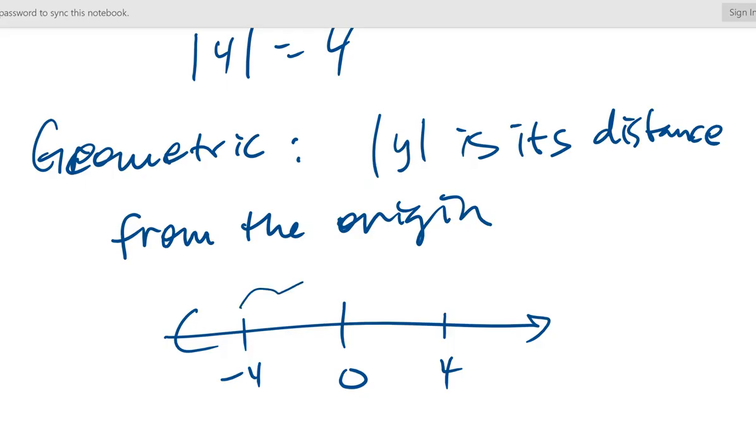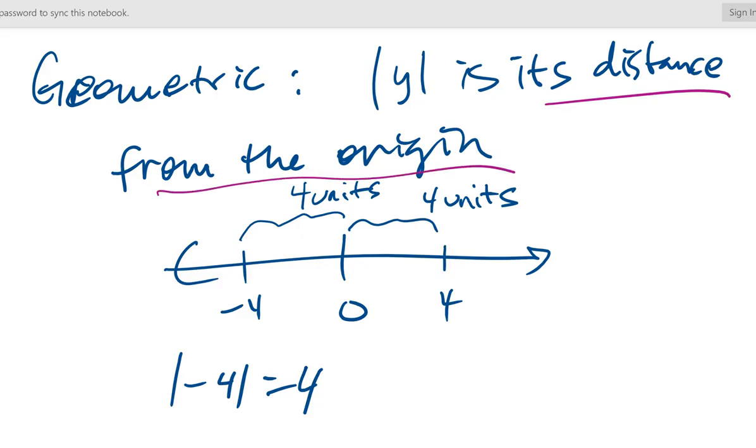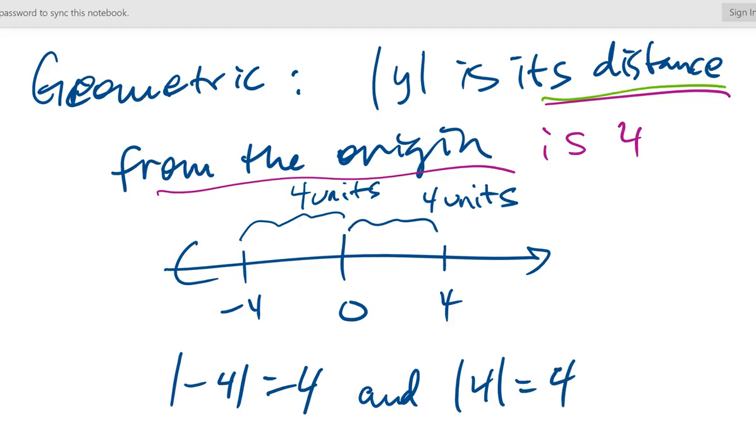Negative 4 is 4 units from the origin, and so is 4. So the absolute value of negative 4 will be 4 because its distance from the origin is 4, and also the absolute value of 4 is 4 because its distance from the origin is 4. So that's a couple of ways to look at absolute value.